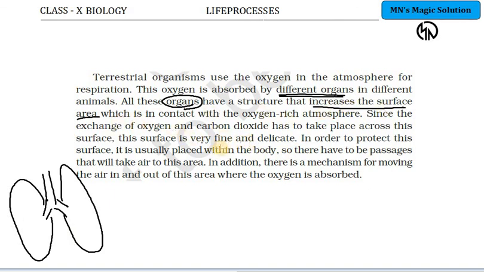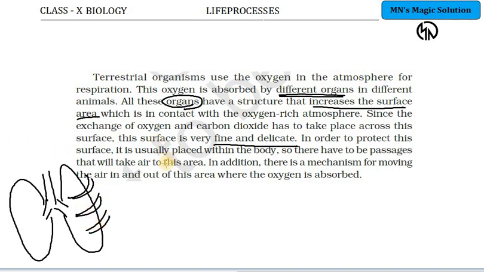Secondly, it is very fine and delicate. Therefore, in order to protect the surface, we place it inside our body with some kind of protection. In humans, the lungs are placed inside the ribs. We keep them inside the rib cage because they are such soft material, right? And thereby to protect them, they have been placed inside the rib cage.